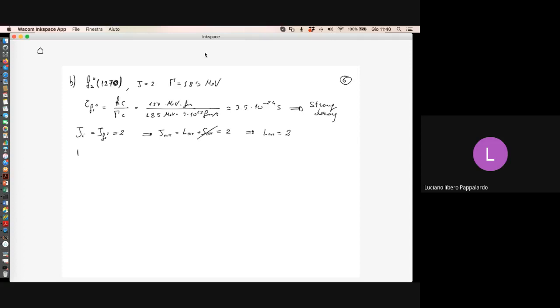And so now the parity of the f2 0 meson must be equal to the parity of the final state, so the parity of the pi pi system, that is (-1)^L pi pi times intrinsic parity of both pions, which is negative. And so this is essentially (-1)^2 times 1, so this is plus 1.